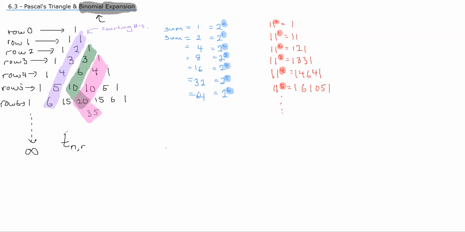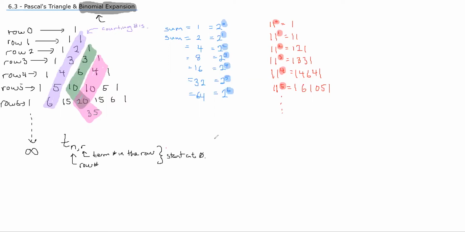Once again, when we're talking about Pascal's triangle, you're going to see two numbers next to t instead of one. The first number refers to the row number. The second number refers to the term number in the row. And both of these start at 0.